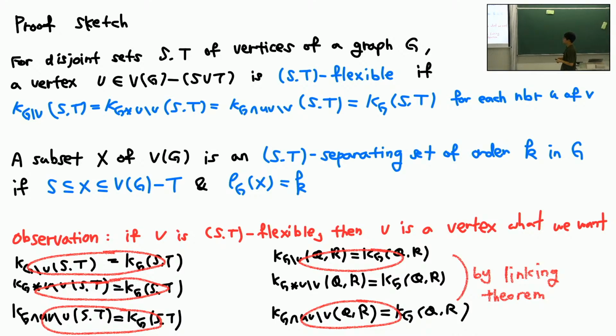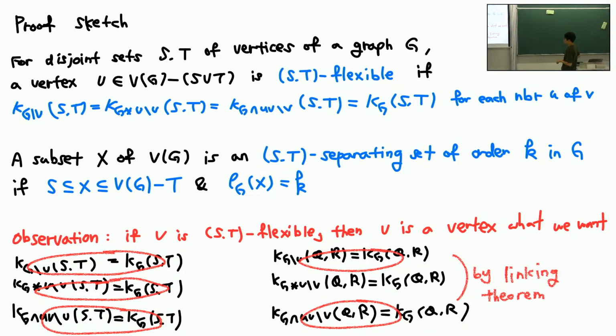Here is one observation. Suppose that there is a vertex which is ST flexible. Then by this definition, this equality will hold. So what I want to do is just find at least two operations that keep the connectivity between Q and R, and this can be done by just the linking theorem.